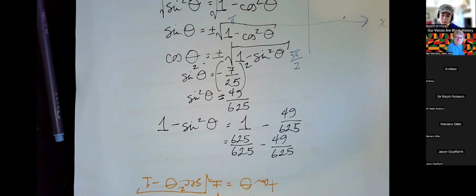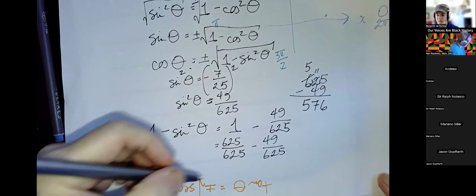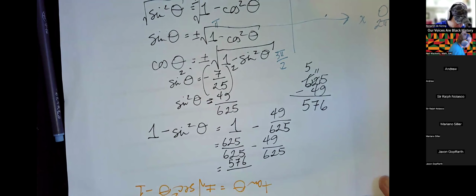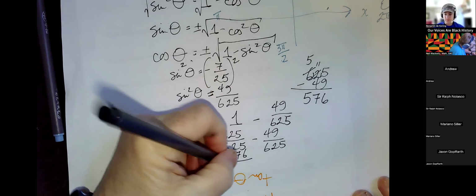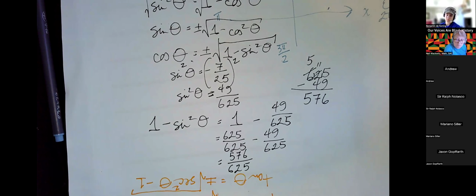So we have 1, 11, 15. 15 minus 9, 6. 11 minus 4, 7. And we bring down the 5. So we get 576/625. I wonder if 576 is a perfect square. You're allowed to cheat. Take the square root of 576.